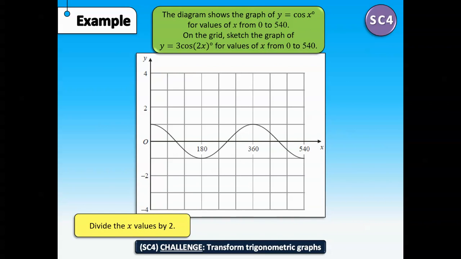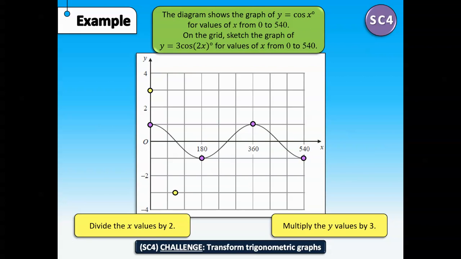So for this, we divide all the x coordinates by 2, and we multiply all the y coordinates by 3. So there are our coordinates, and we need to divide each one by 2 and multiply the y coordinates by 3. So the new coordinates will be here. So our new graph looks like this.